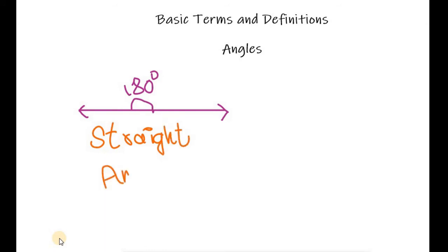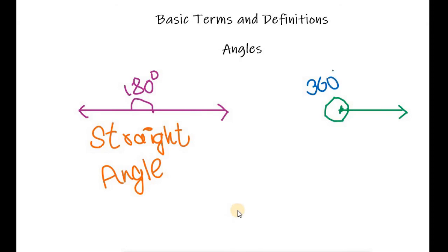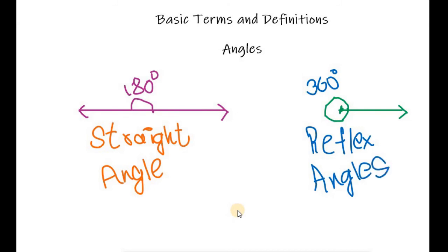And then the last type of angle has 360 degrees, as you can see here. It forms a complete circle. Such angles are known as reflex angles. 360-degree angles are known as reflex angles.